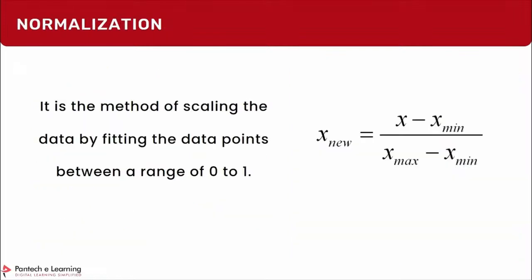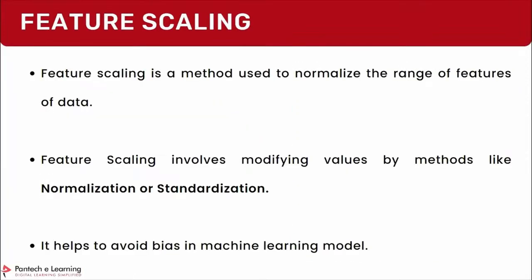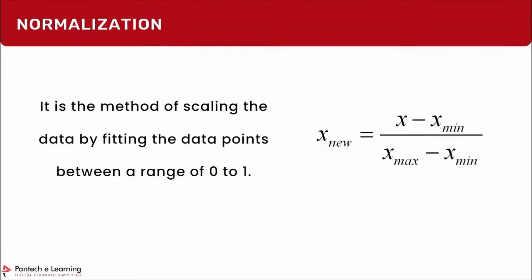Talking about that, we have 2 methods, right? We have discussed the types, which are normalization and standardization. Talking about normalization, it is a method of scaling the data by fitting the data points between a range of 0 to 1.